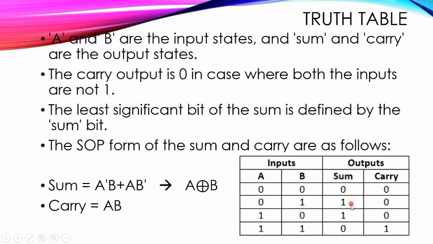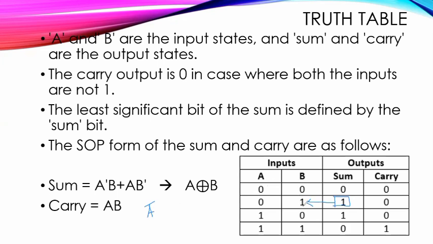We have to consider only the 1s. In the second row, we have got 1. Beside that, we have to see the inputs. What are the inputs that we have taken? 0 and 1 are the inputs. So if it is 0, it is nothing but A bar.